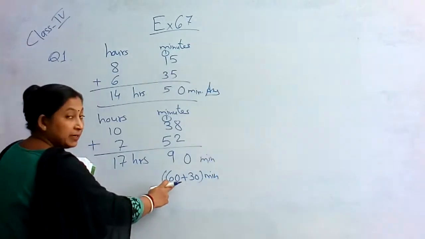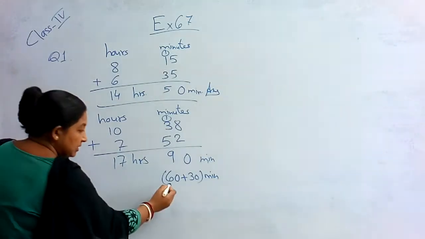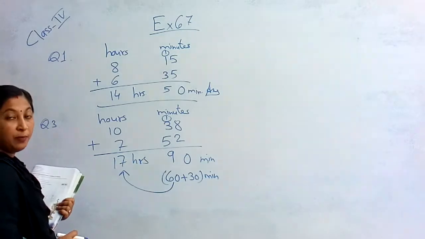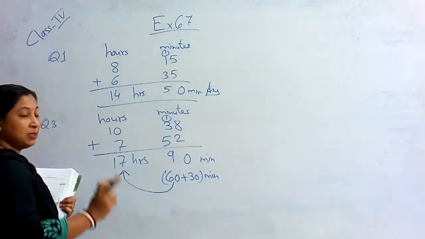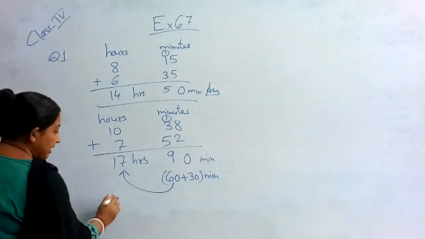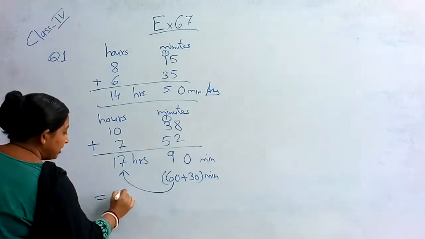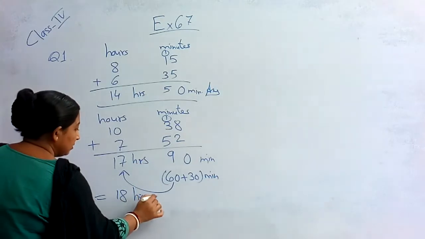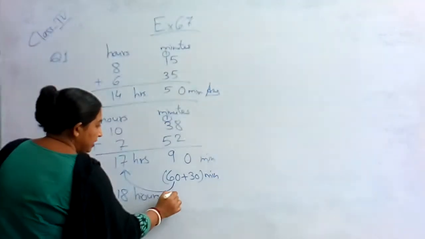Now 60 minutes means 1 hour. So this 60 will go here and add with the hours, because 60 minutes means 1 hour. So this 17 will change into 18 hours and this will be 30 minutes.